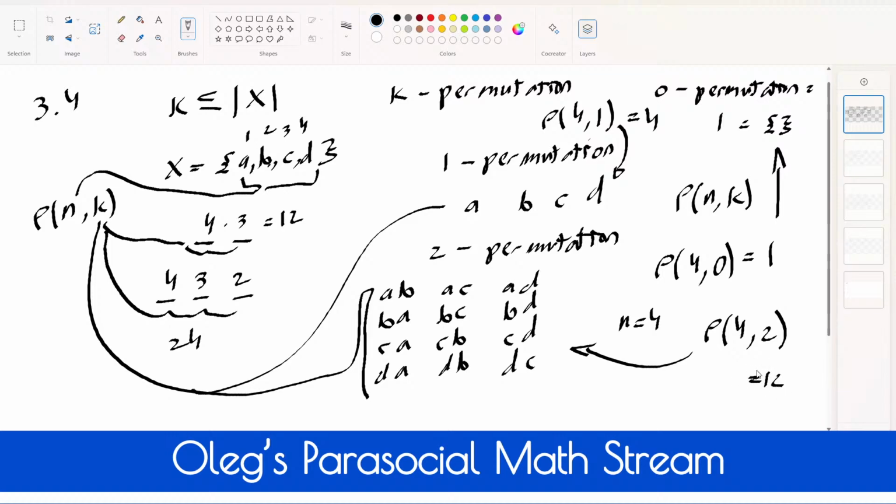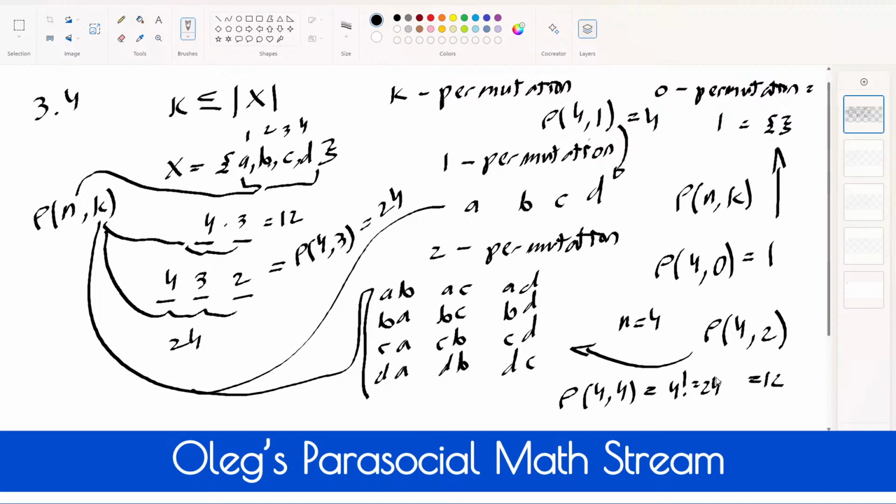And then P4,3, which is equal to 24. And then P4 is equal to 4 factorial, which is also equal to 24. Okay, so that's good.